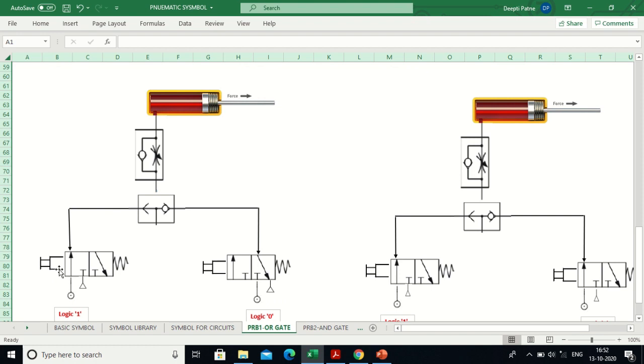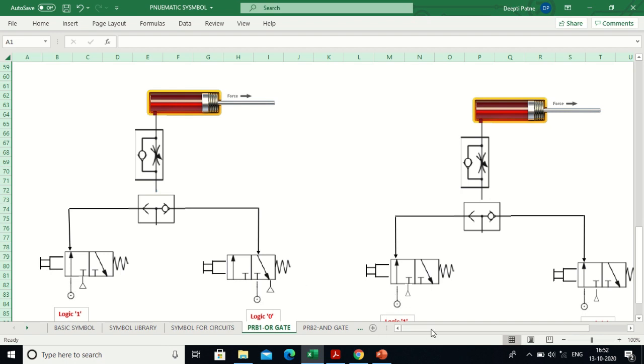Now I gave a push, I connected to the compressor, then via the compressor it is going to the shuttle valve, then the flow control valve, again the spring is compressed, the position is outward, the piston movement is outward, therefore logic 1. Now in this case, for the logic 0, as you can see, it is not allowed to move, so there are restrictions.